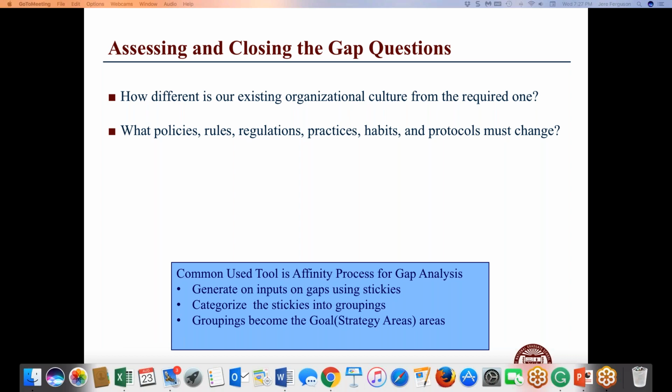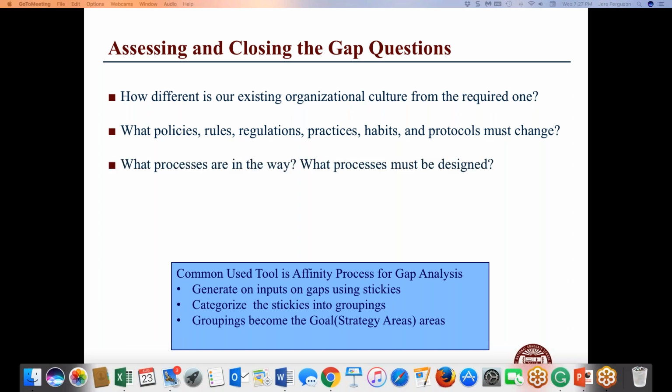Has the law changed? Are we doing things that we're not required to do any longer? We've now automated our personnel files, so we no longer need to do these practices, these reports that we've been doing. So as you're trying to determine how to close the gap, you'll want to look at these types of factors.